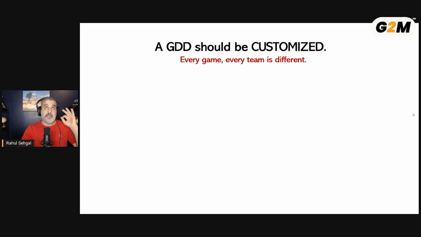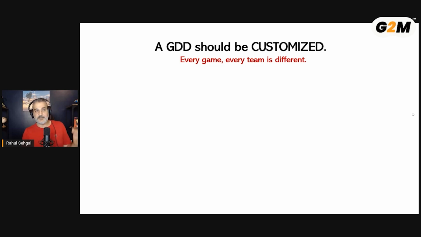Every game design document has to be customized for the game that is being made and the team. Every game is different, every team is different, which is why I actually don't like to give templates to people. Templates make people lazy. At Vancouver Film School, they refused to give us templates.